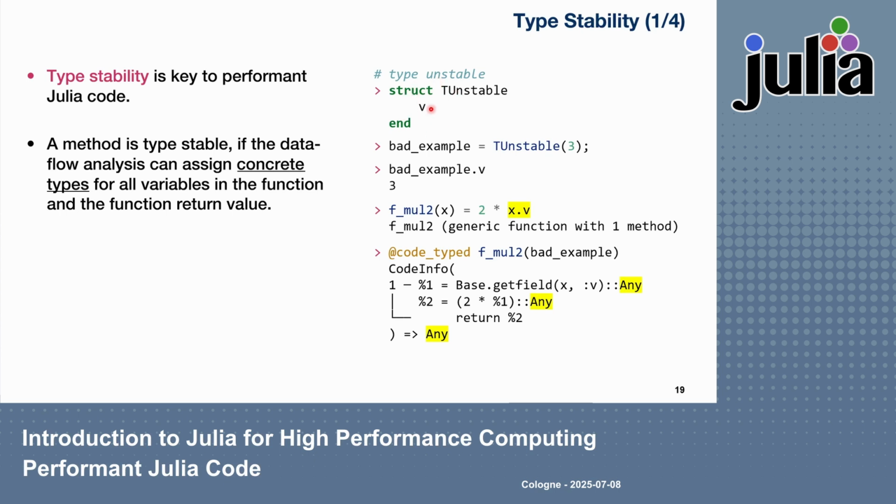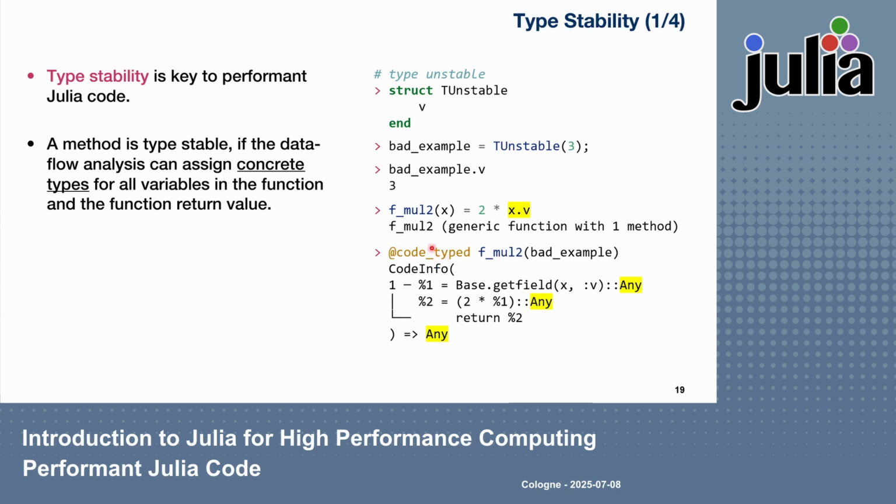We just create a structure, looks nice, and then we create a variable with a nice name, best example, and assign a value to it, which is 3, right? It looks very nice. And then we have a function, also seems quite okay, 2 times this v variable in this structure. Everything looks great.